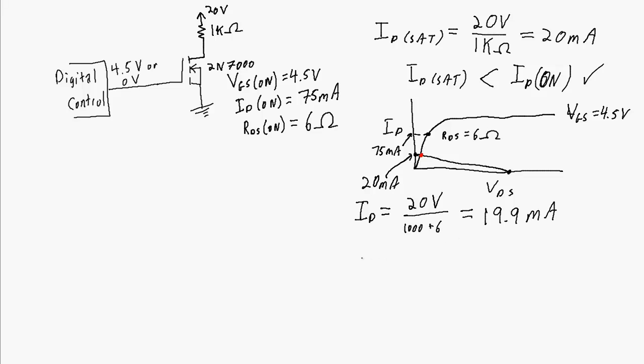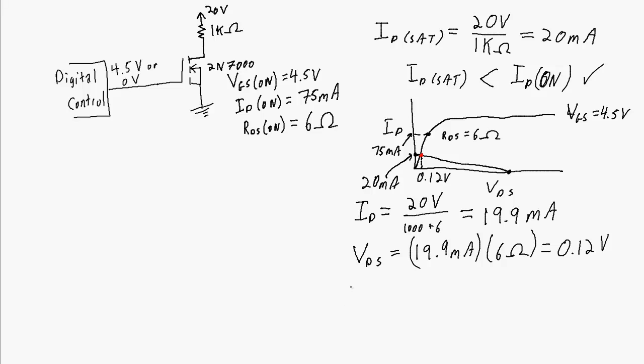So if ID is 19.9 milliamps, VDS will be 19.9 milliamps times 6 ohms. Voltage equals current times resistance, and in this case it works out to 0.12 volts. So that point there would be 0.12 volts for VDS.